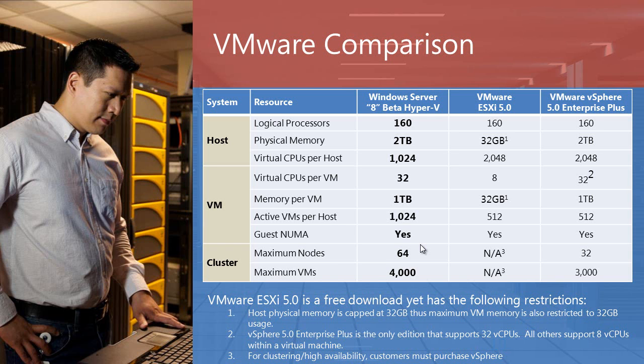We do 1,024, but virtual CPUs per VM is 32, which is the exact same as you get with Enterprise Plus. But if you get ESXi, it's only 8. Memory per VM is on par. Active VMs per host, we do twice the number as well. GuestNUMA was supported across, and the maximum nodes and VMs in a cluster, we actually have a larger number supported in Windows Server 8 Beta than they do, and we haven't even finalized the spec in terms of what this is going to look like.